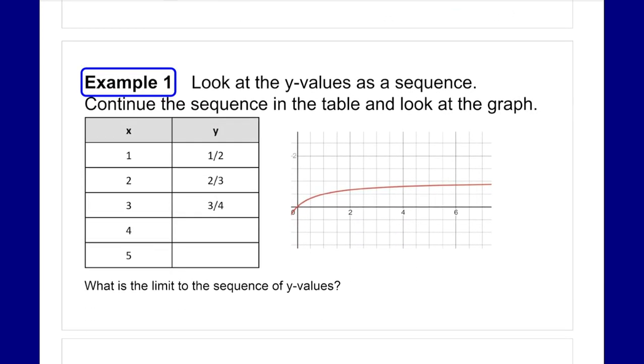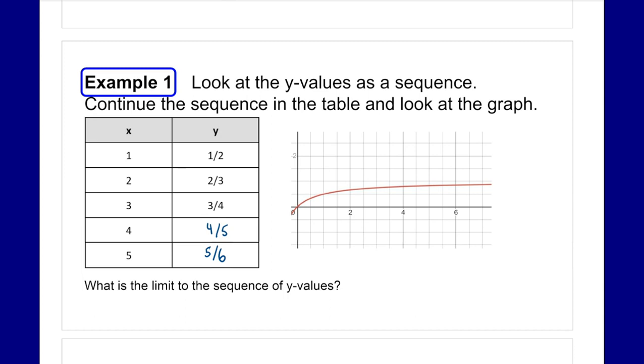Another example, this one might be a little bit more challenging. If we look at our table and our graph, we want to continue this sequence and look at where the values are headed. First we have 1/2, 2/3, 3/4. What's the pattern? Well, it'd be 4/5, 5/6, and so on.